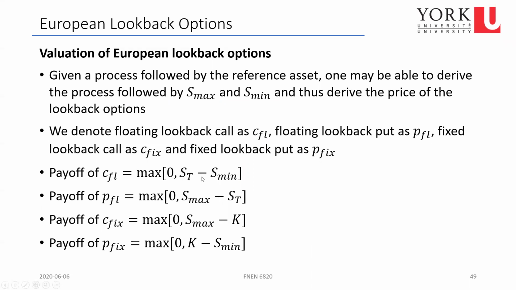It's the realized price, not minus a fixed price, but minus the smallest price you actually observed in the history. And for a put, rather than a fixed strike price, you use the maximum realized stock price minus the realized price.